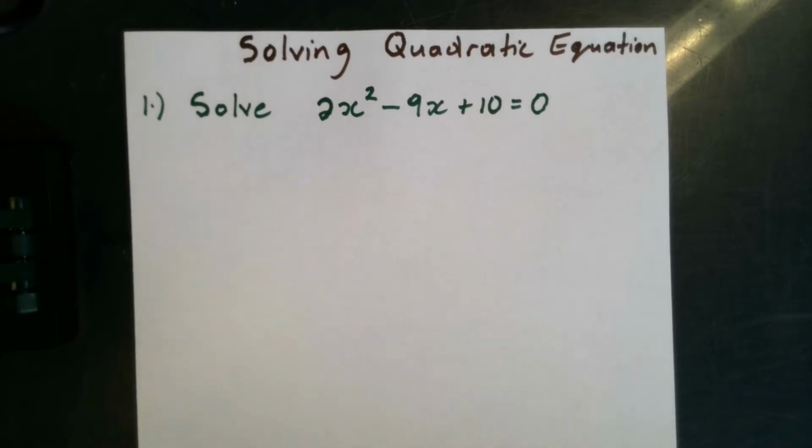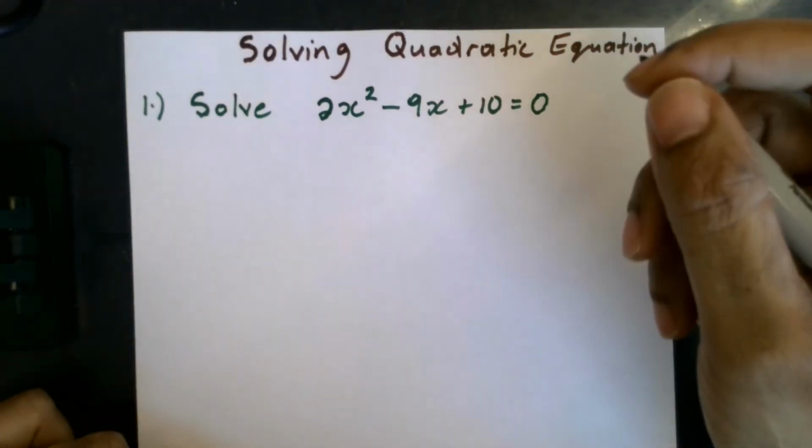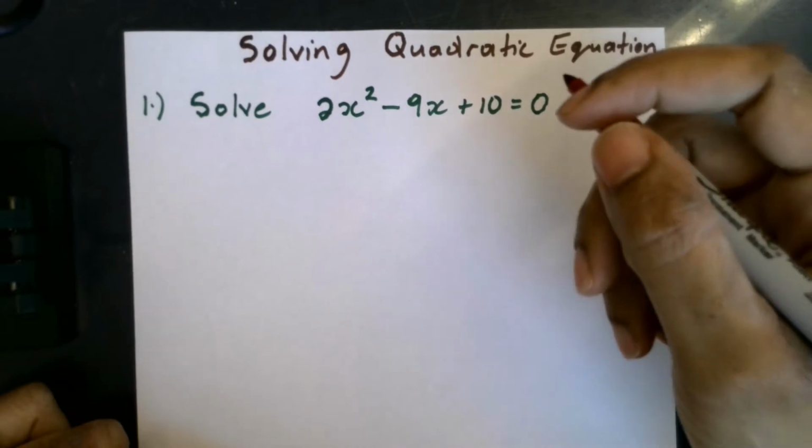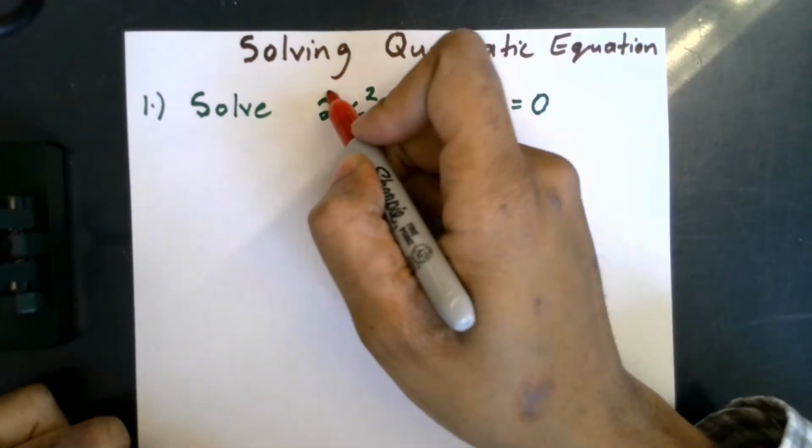Alright, so our first step is we are going to label our constant values.